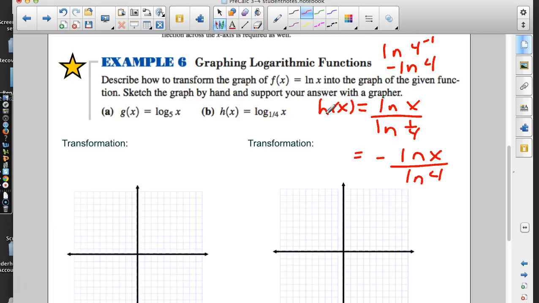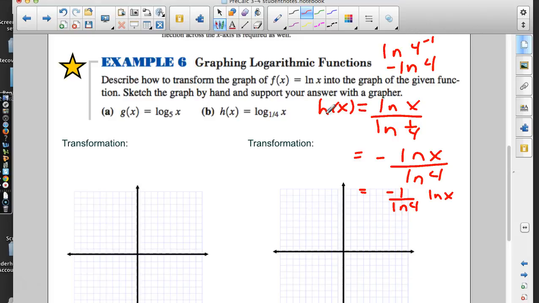So now they're asking what would be the transformation. Well, like we talked about yesterday, this is the parent function, so you really want to separate out that negative 1 over the natural log of 4 so that you can talk about that transformation. Now we've got two things going on, because yesterday we just had 1 over the natural log of 5, and we said that's going to be a vertical shrink.